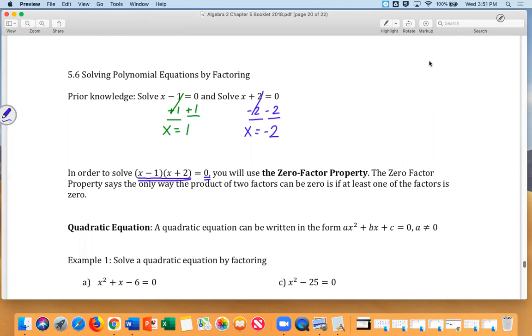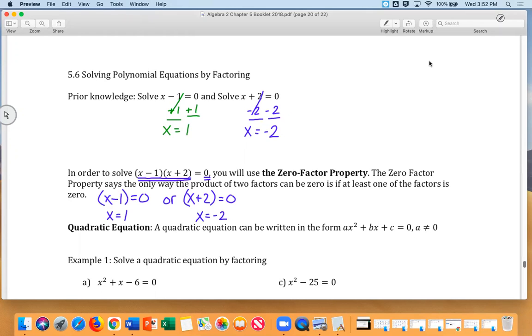Well, that's going to tell me that either x minus 1 equals 0 or x plus 2 equals 0. And then I solve that, and it tells me that this has an x-intercept of 1 or negative 2. Okay? And this is by the zero factor property. It was that thing I was talking about, a times b equals 0. Either a is 0 or b is 0. In this case, a is x minus 1 and b is x plus 2.